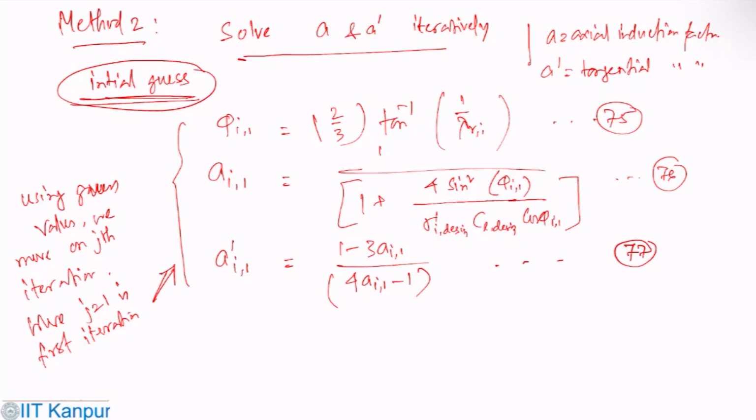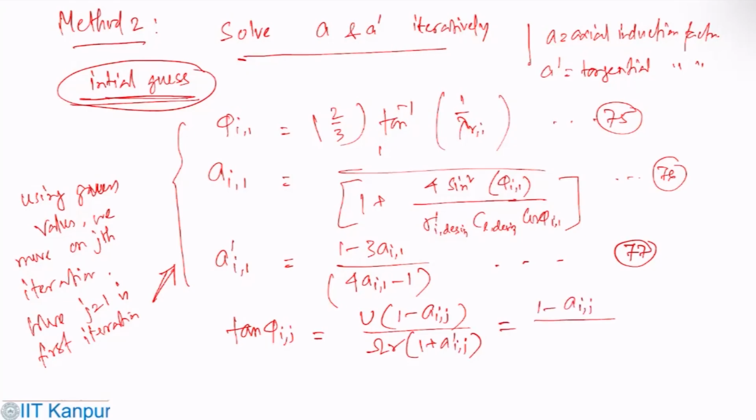So we calculate the angle of relative wind. That means tan phi ij, which is (1 minus a ij) by omega r (1 plus a prime ij), or it is (1 minus a ij) by (1 plus a prime ij) lambda ri.